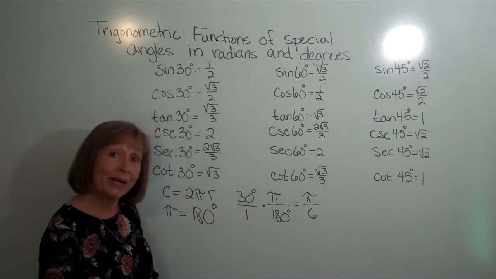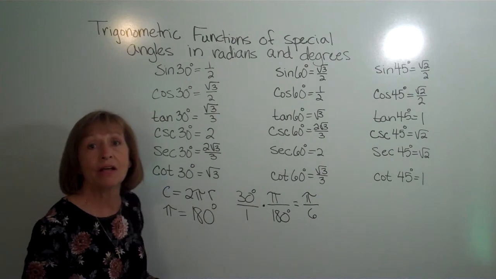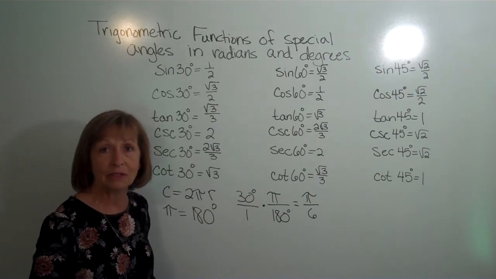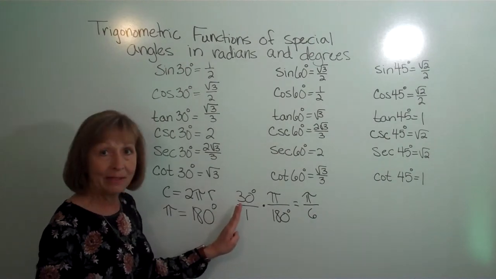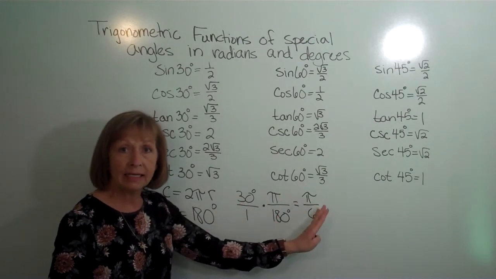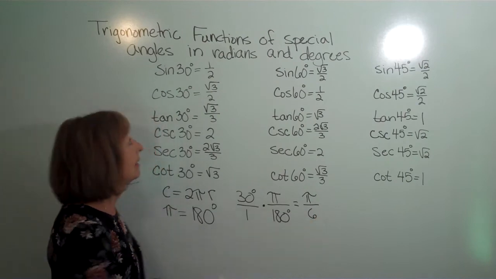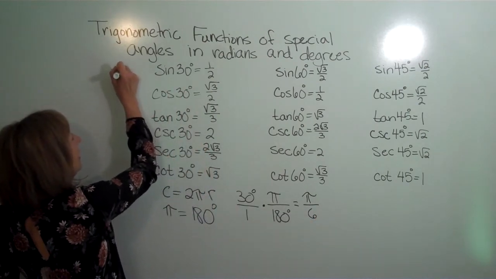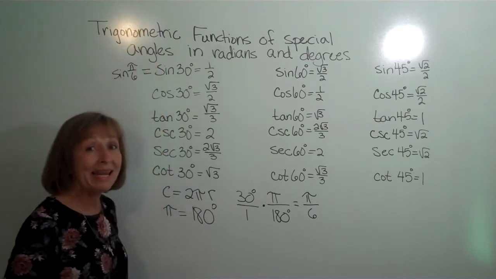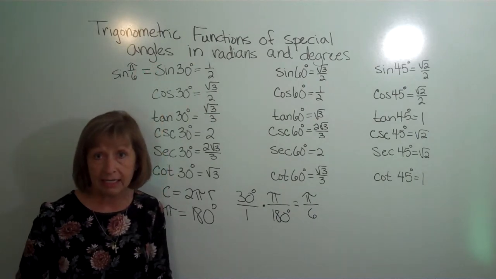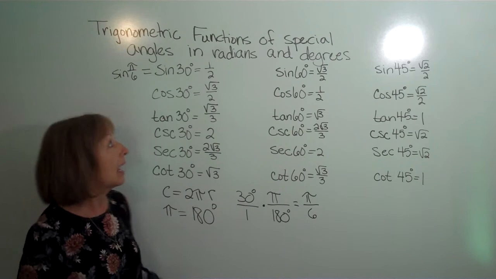That means that when I come back to these definitions of our trig functions of those special angles, since 30 degrees is the same angle as a radian measure of pi over 6, then the sine of pi over 6 is going to be the same as the sine of 30 degrees. So it's going to be our 1/2.